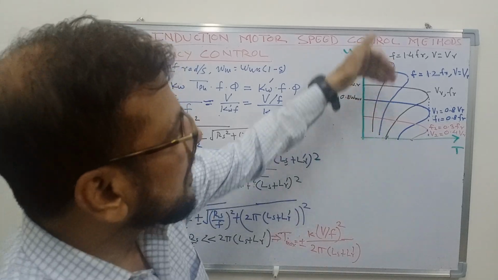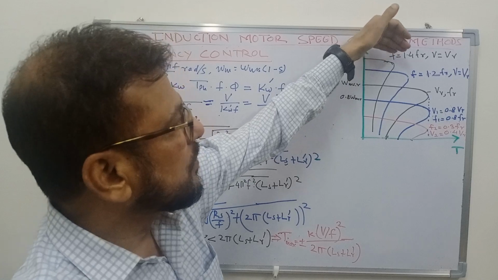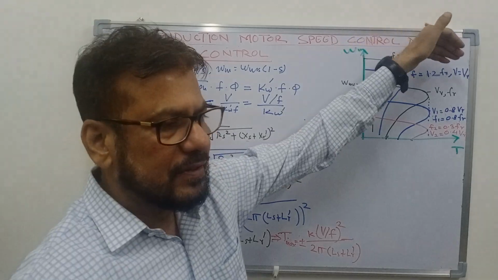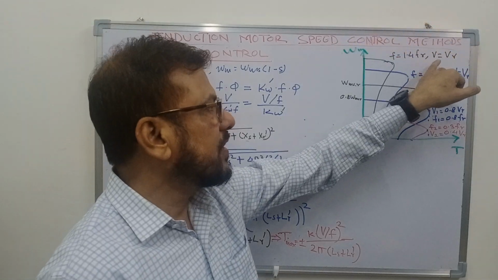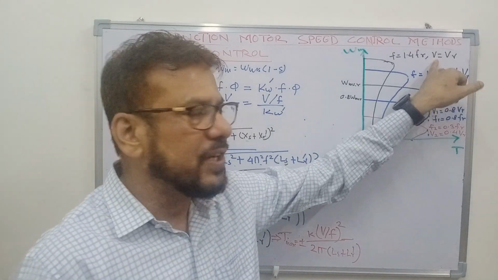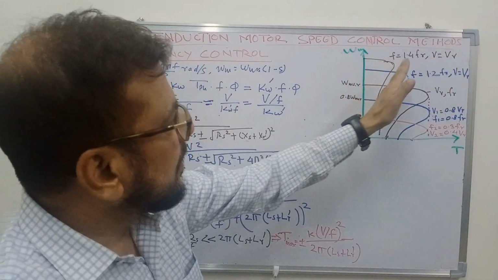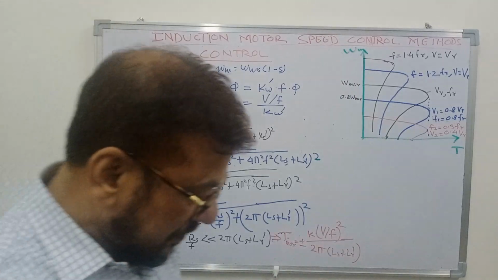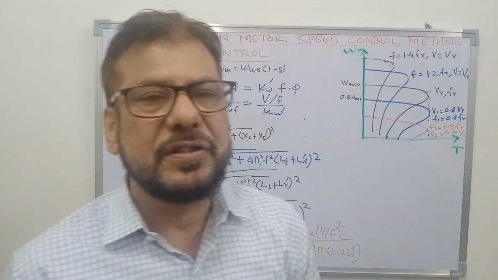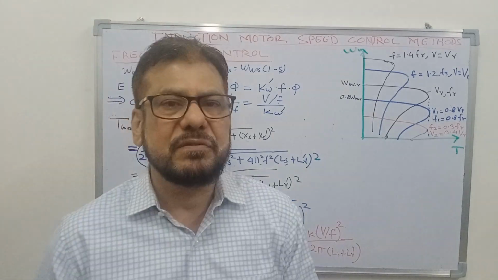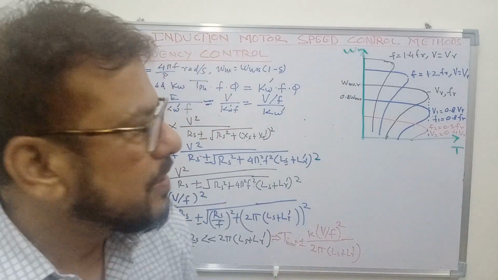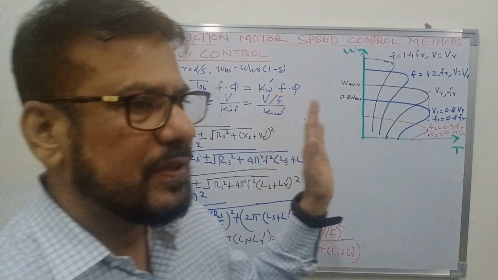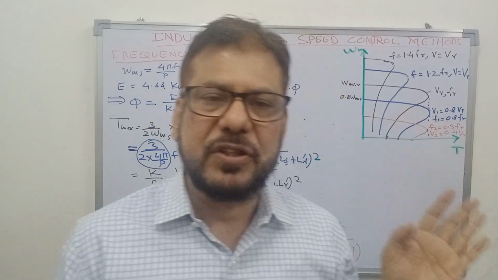So if you further increase the frequency, say you have made it 1.4 times the rated frequency, the voltage is maintained constant at the rated value. Again, the maximum torque will further decrease. So you can control the speed even above the rated speed, but at the cost of torque handling capability of the motor.